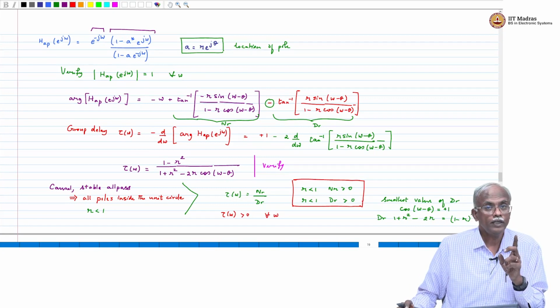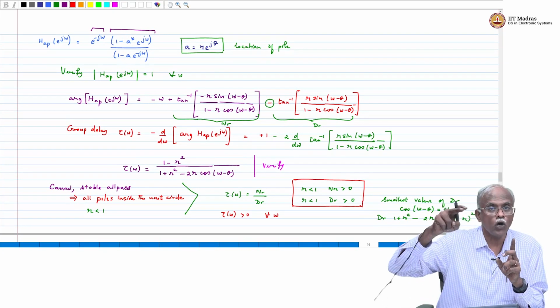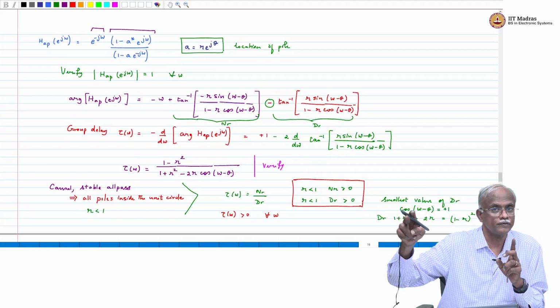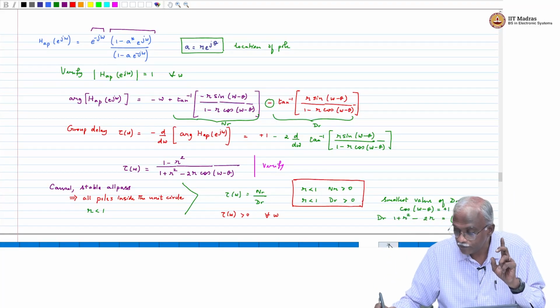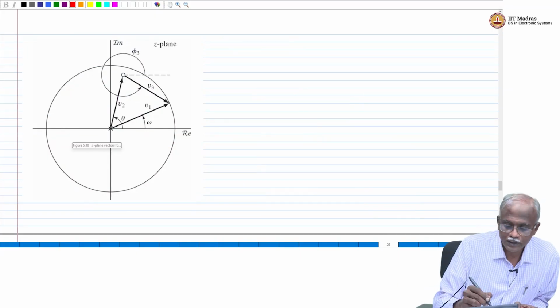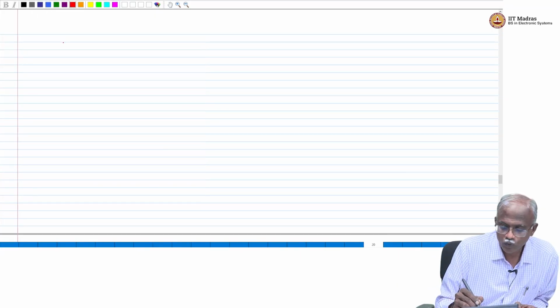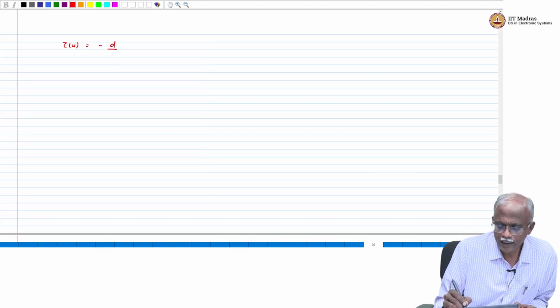That means the group delay is always positive. This has a very significant implication, because tau of omega is minus d by d omega of the argument of H_AP e to the j omega.